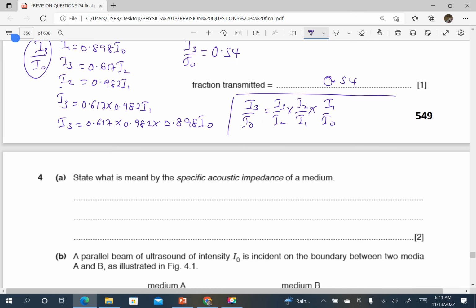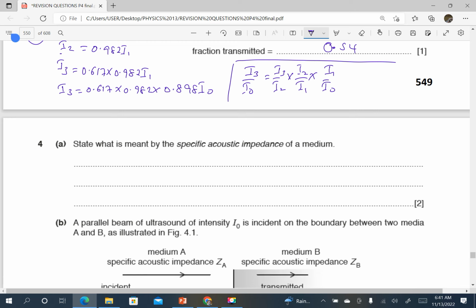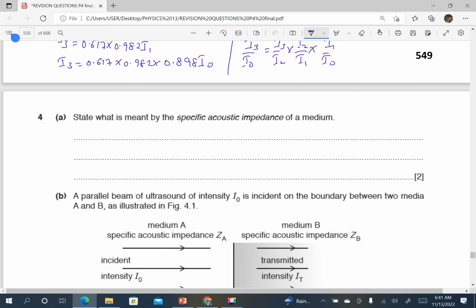Okay. State what is meant by specific acoustic impedance.